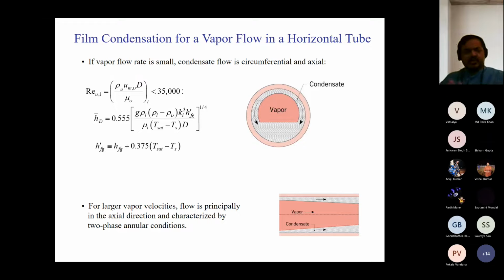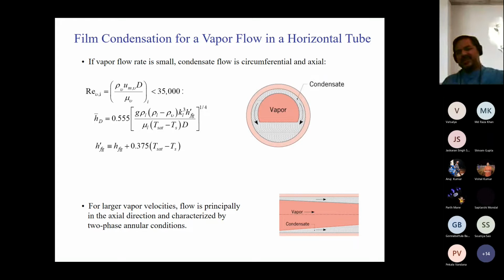Okay, this is just a slide that I've included because as an IITian and somebody who has studied heat transfer in an IIT, you are supposed to know what is flow condensation. That's the reason.